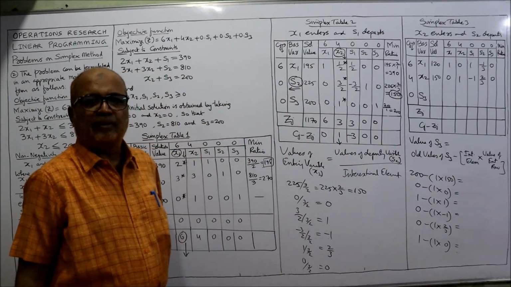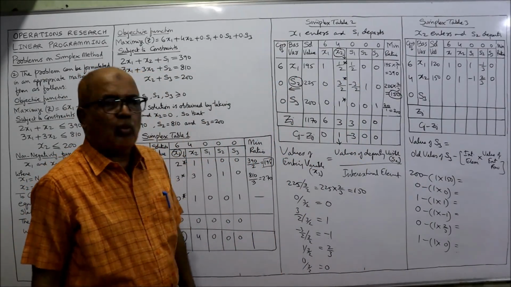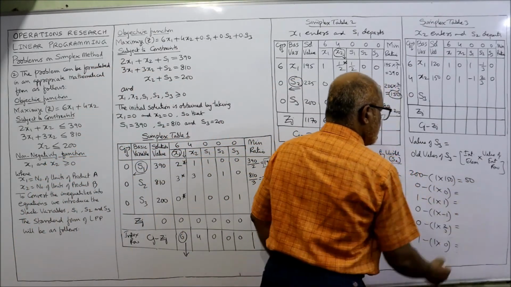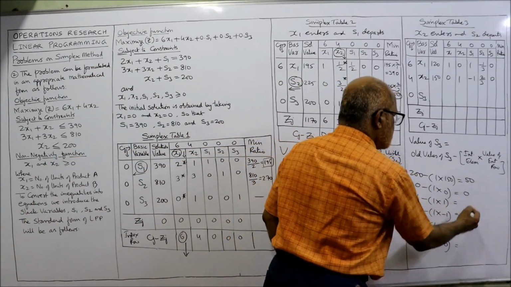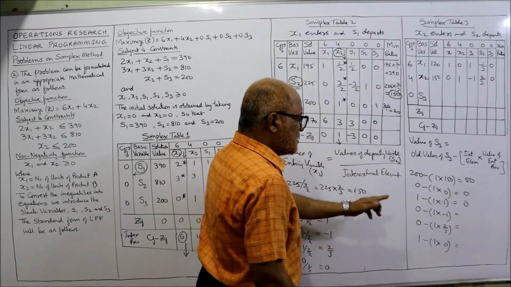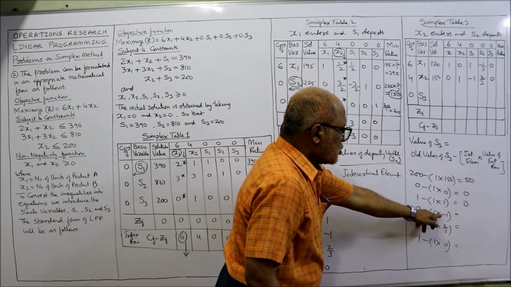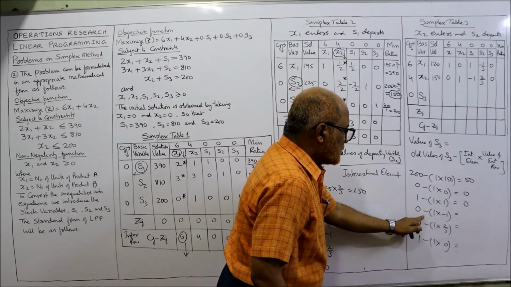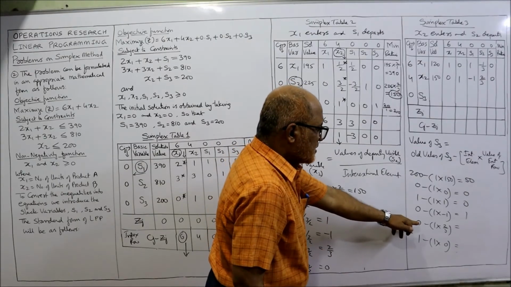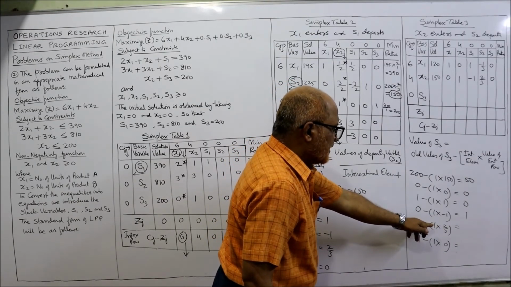1 into 150 is 150. 200 minus 150 is 50. Then 0 minus 0 is 0. 1 minus 1 is 0. 0 minus into minus will become plus. So 0 plus 1 is plus 1. 0 minus 1 into 2 by 3 is 2 by 3.